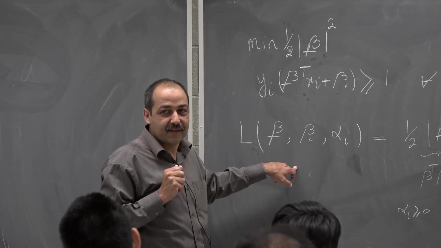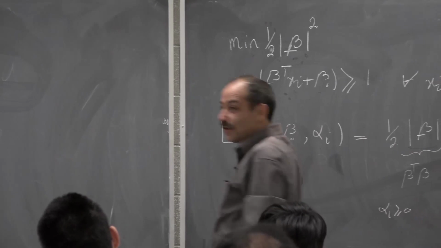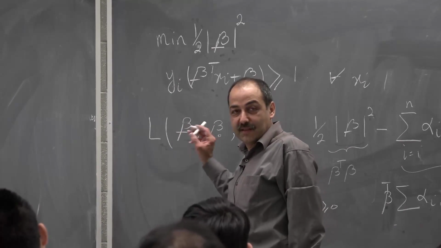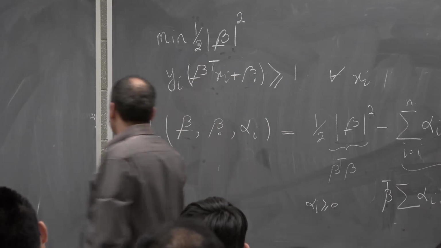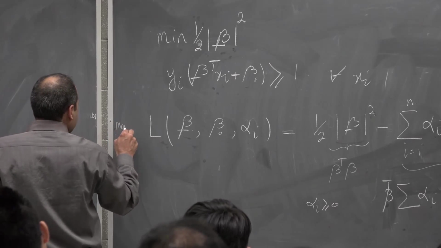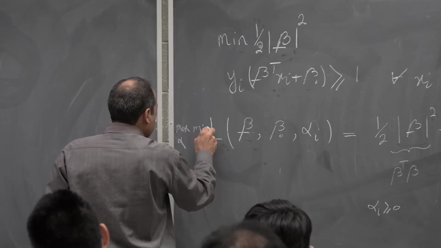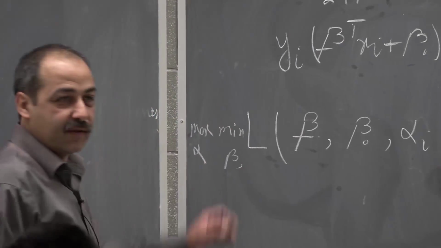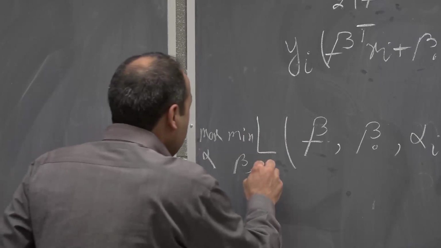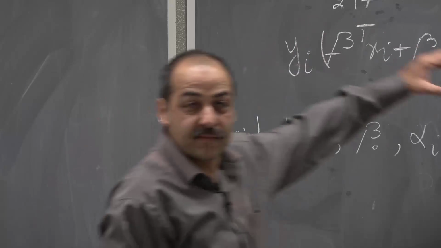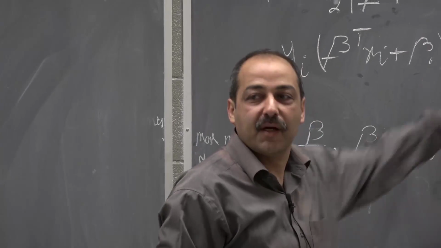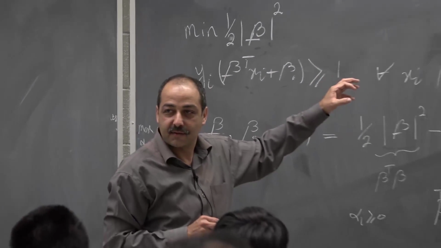Exactly. It's like a saddle point problem. When you write the Lagrangian here, basically the optimization would be maximize over alpha, minimize over beta, or beta null. What would be the maximum alpha which minimizes this?